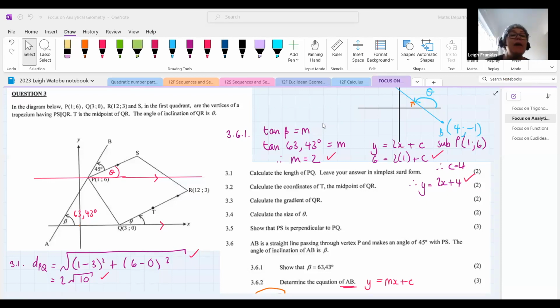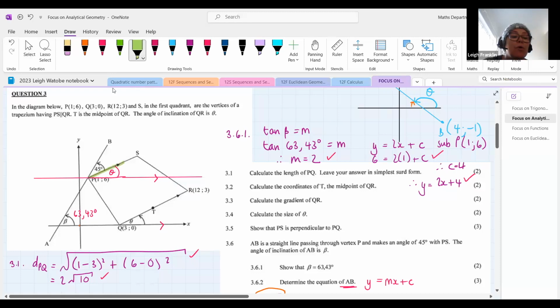I know the length of this line. Do I know the gradient of this line? Do I know the gradient of PS?